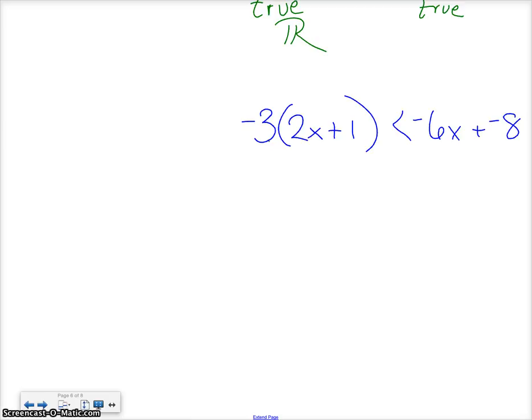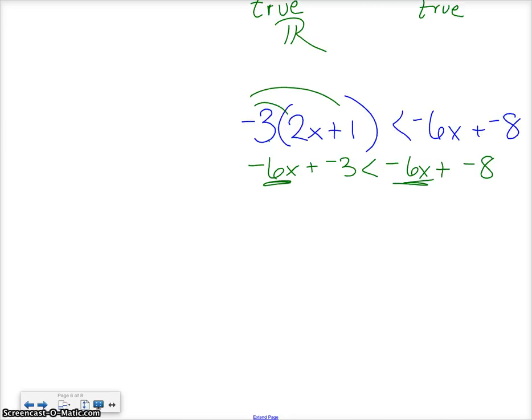Step 1, rewrite. I already did, it's all plus and negative. Step 2, distribute. Okay, did it. And now I'm looking for a pattern. I see they're the same. -6 and -6 is the same.